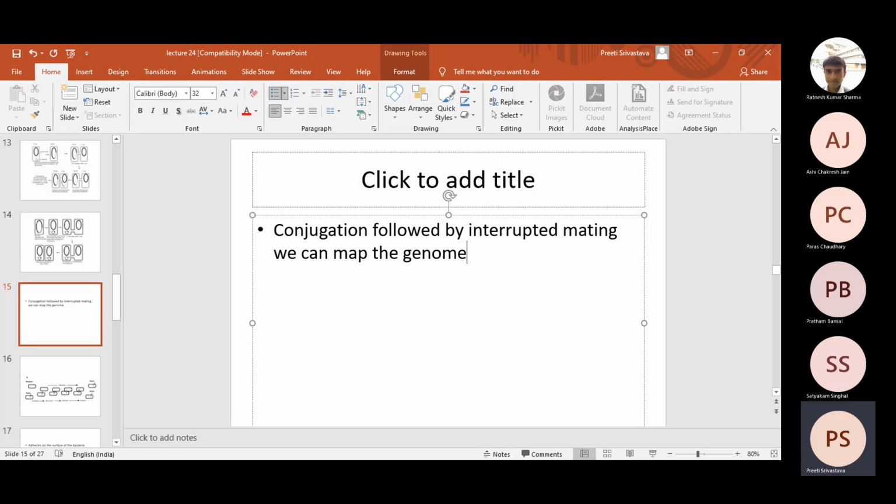That is how people prepared the 100-minute map for the E. coli chromosome. The E. coli chromosome is how big? 4.6 megabases. You remember that? For transfer of these 4.6 megabase pairs, it takes 100 minutes.